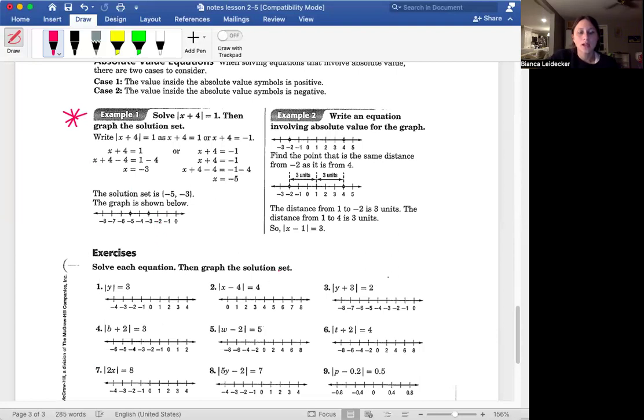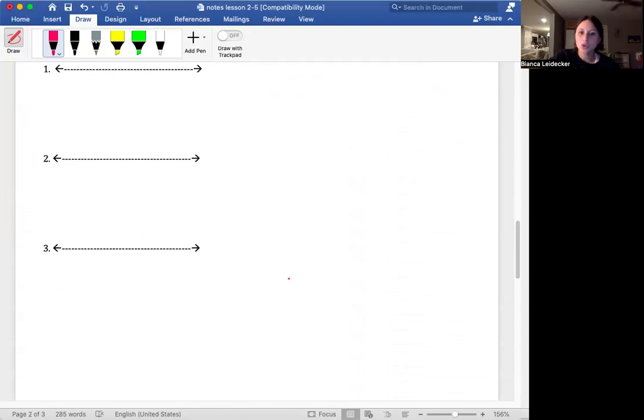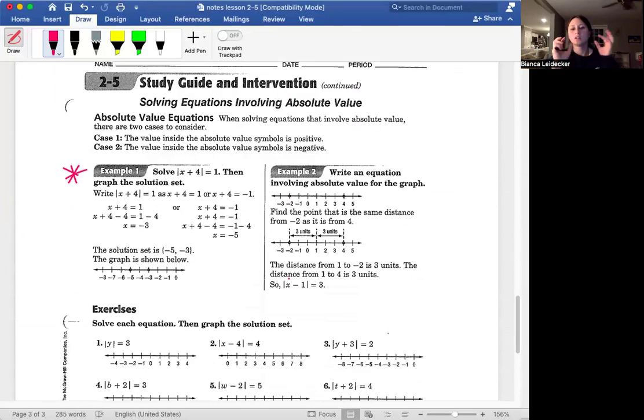It is doing exactly what we just did on our first page of our notes, where we created 2 cases and solved, except they also put a number line for you to check your answers. So I'm actually going to do 1 or 2 of these because it is going to help us use this information that we're seeing on this number line to create our own equations.